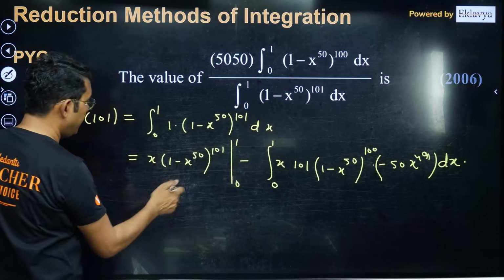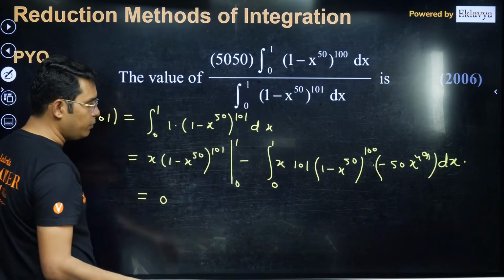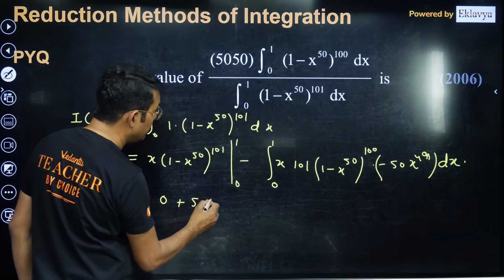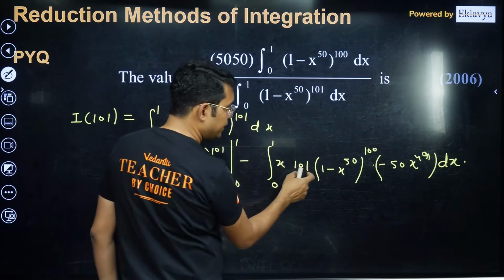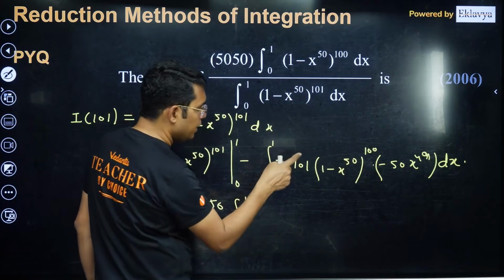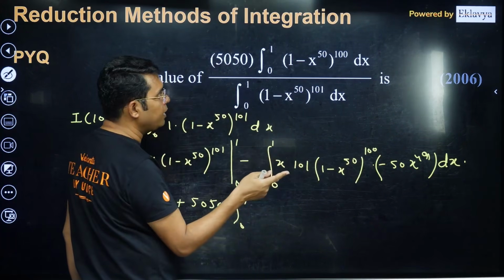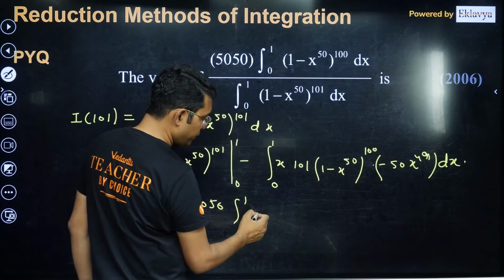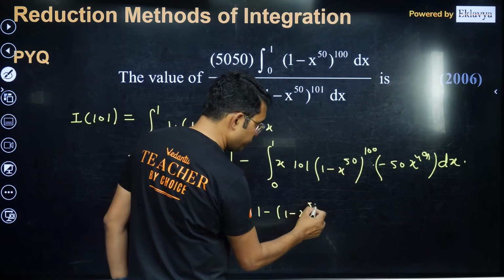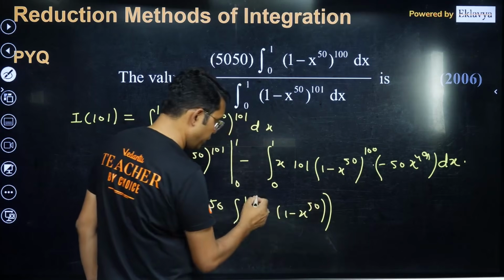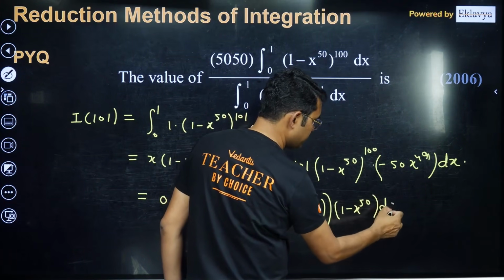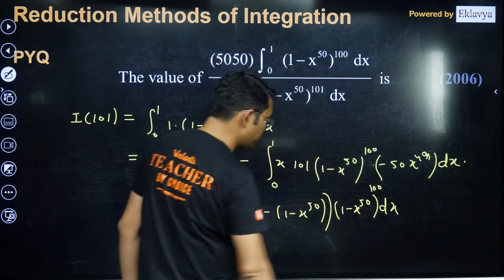Yeah, that's correct. Here everything becomes 0, upper limit, lower limit both become 0, minus minus plus, so we get 50, 50 here I think, 101 into 50. So what is here now, 0 to 1, x into x power 49. Okay, so I think I can write it as 1 minus x power 50 into 1 minus x raised to the power 50 dx. This is 100 actually, 100 only.